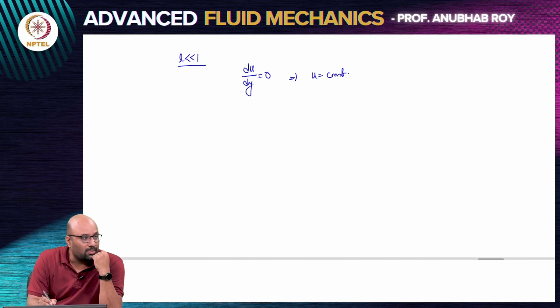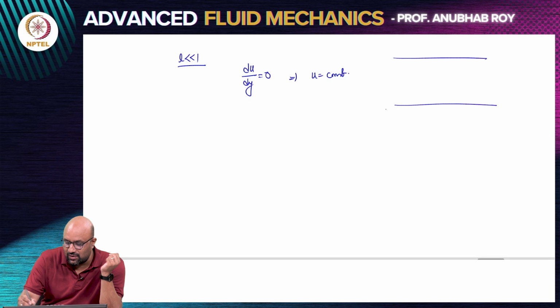Now, where is the problem? The problem is that when you have this particular solution, u is equal to a constant, you can only satisfy the boundary condition on one of the surfaces. You can't satisfy it on both. You can either say that u equals 0 at the bottom plate or u is equal to a constant at the top plate. You won't be able to satisfy the boundary condition everywhere.